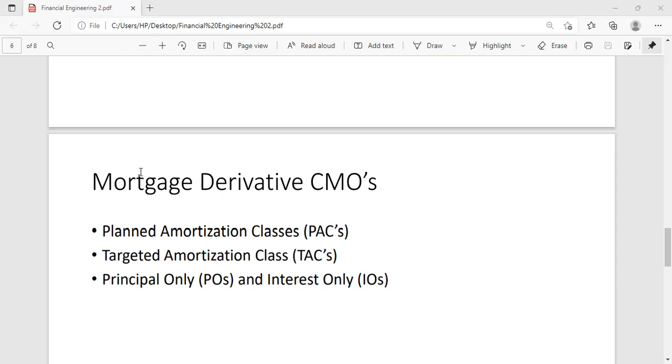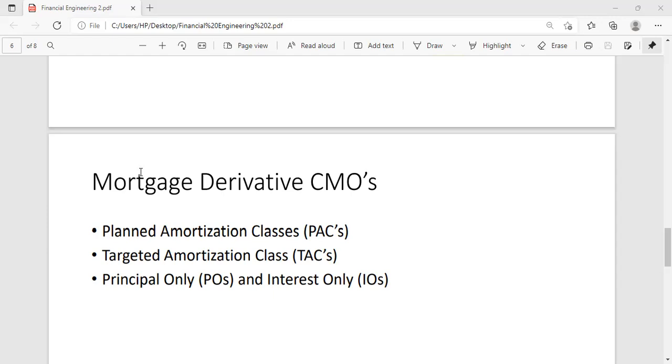The claims on interest payments of the CMO are sometimes referred to as interest only investors, and the principal payments are sometimes transferred to the principal only tranche investors.